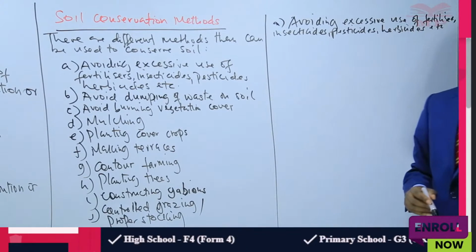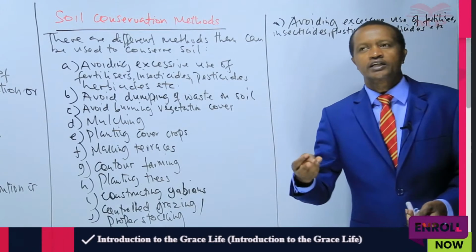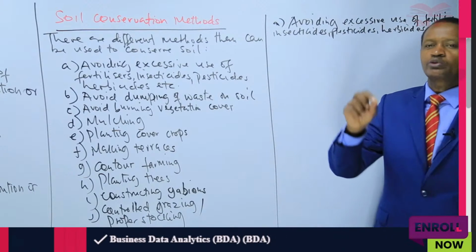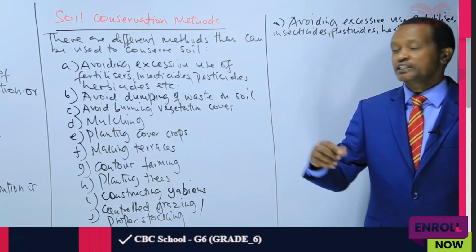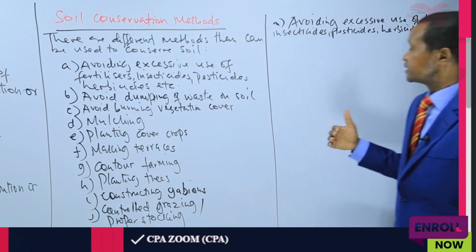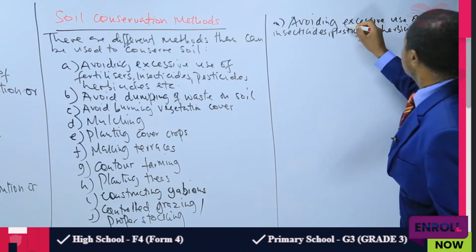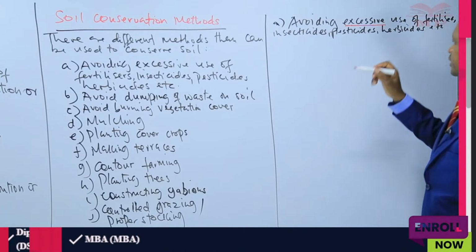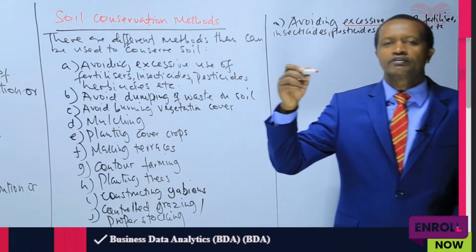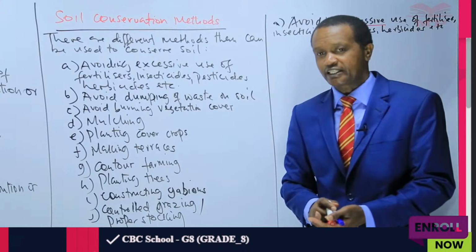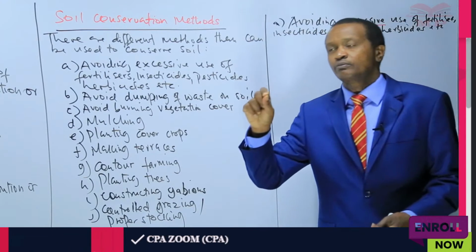Now, learners, fertilizers, pesticides, and herbicides contain chemicals which cause soil pollution when the substances are applied in excess. We are talking of excessive. When insecticides, herbicides, fertilizers are applied in excess, that can cause soil pollution.